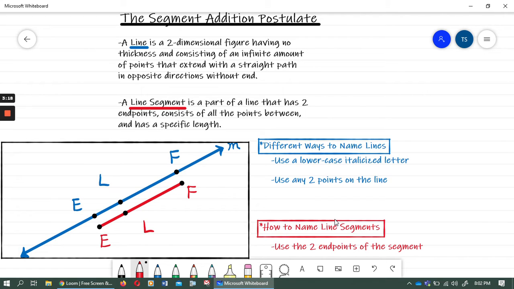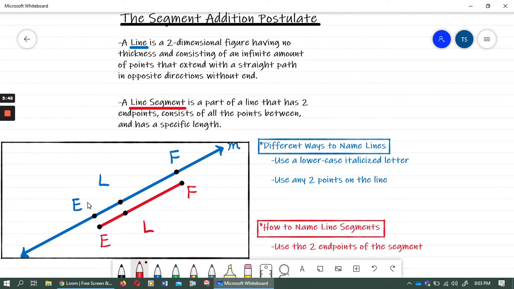You can see here in the blue, that's a blue line. On that blue line we've got three points: point E, point L, and point F. Whenever you've got the names of points, they'll always use capital letters.